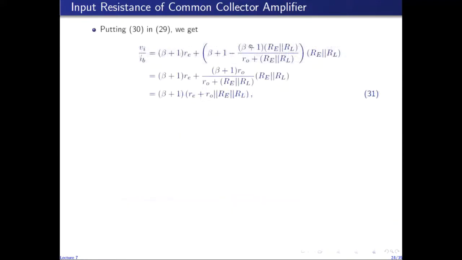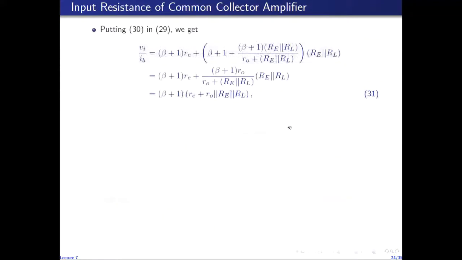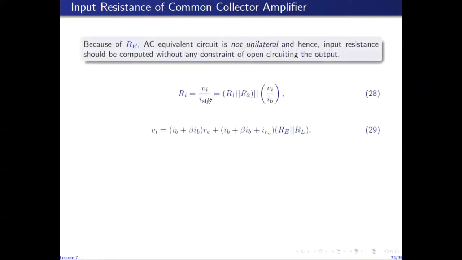So beta plus 1 minus this factor here, and then this factor RE in parallel with RL. So I can take the LCM and simplify, and this is what I will get for the input resistance, the resistance seen looking into the base of the common collector amplifier, which can actually be directly observed from this AC circuit here.